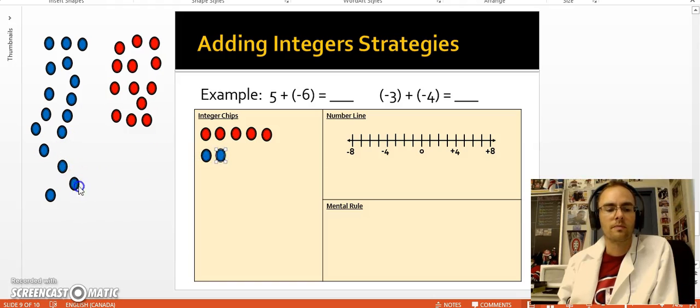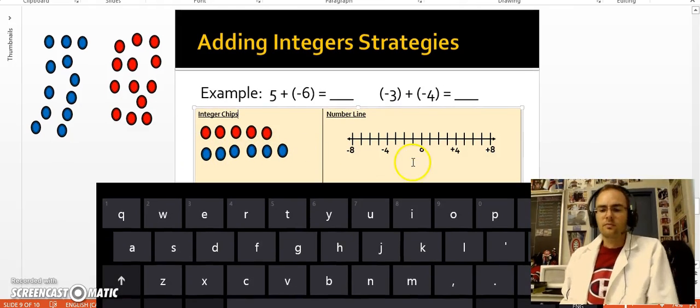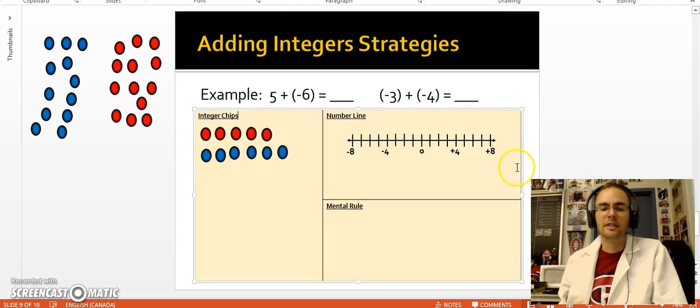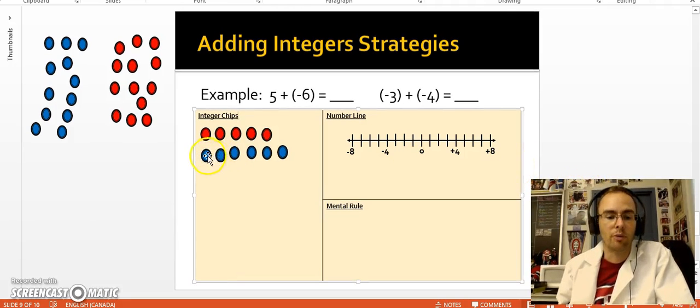So 2, 3, 4, 5, and 6. So I got positive 5 plus -6. Now to solve this, you need to keep in mind the idea of zero pairs.